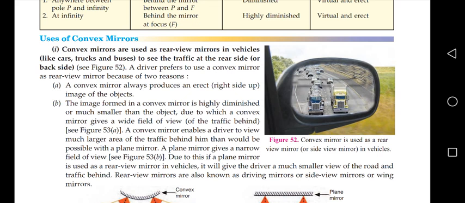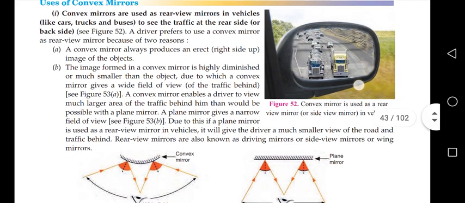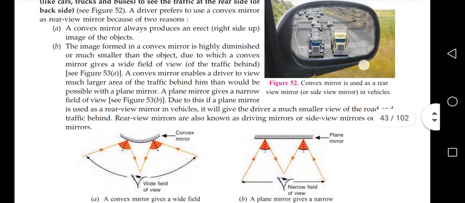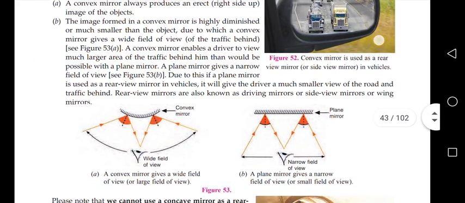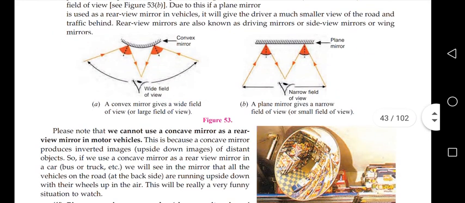Because of that, it is going to give a wide field of view, so that it covers a large area behind your vehicle, so that you can look at the vehicles that are coming from behind. Compared to the plane mirror, it gives a wider field of view, so that it will be easy for you to look at the vehicles that are coming from behind. Okay, so that is the thing.